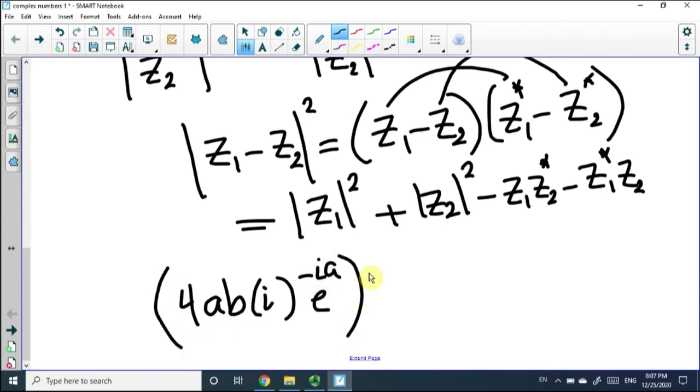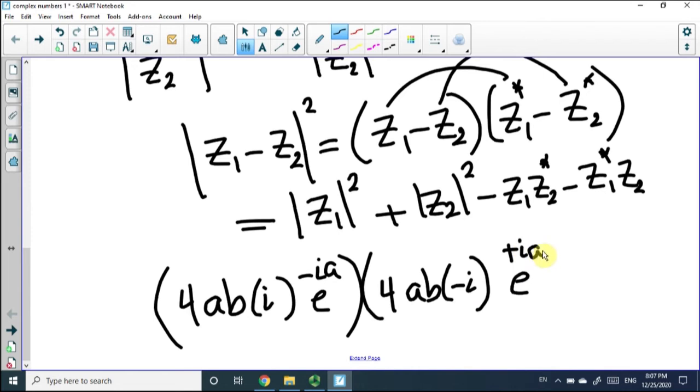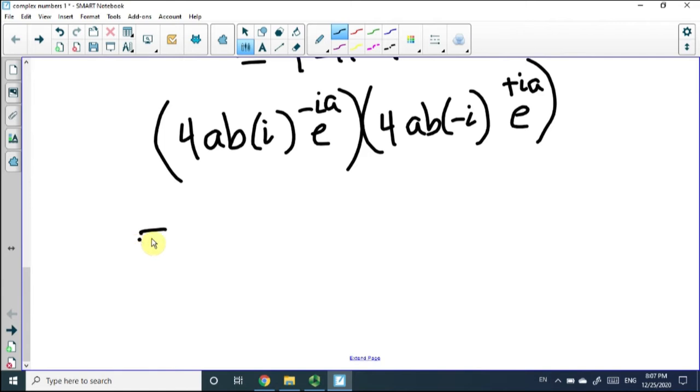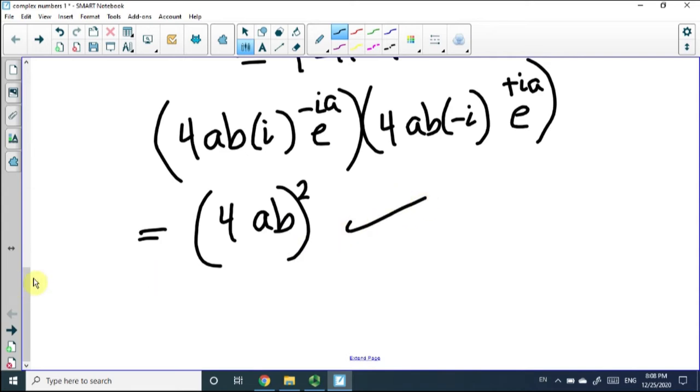Now let's multiply it by its complex conjugate, 4ab minus i e to plus ia. The absolute value is 4ab, squared. Then i times minus i is 1, and e to the minus a times e to the plus a is 1, and that's it. So that was an easy expression to find.